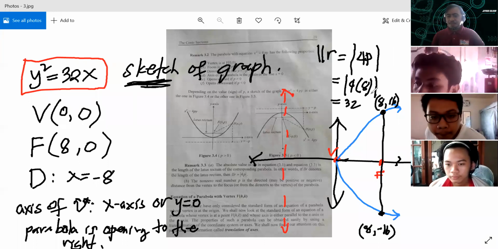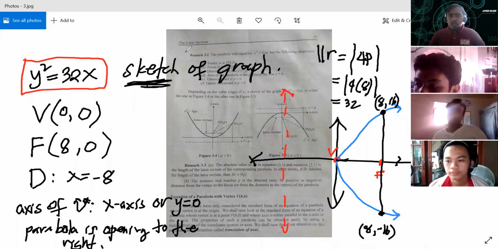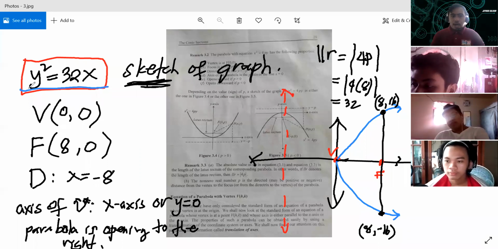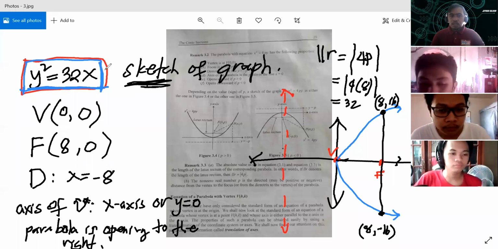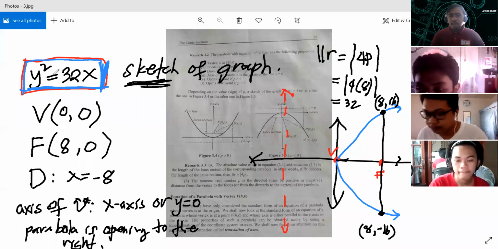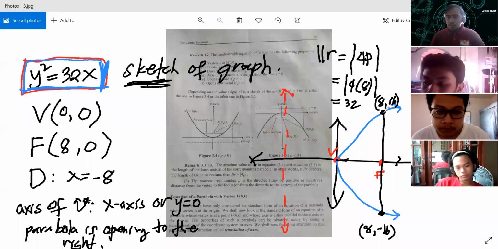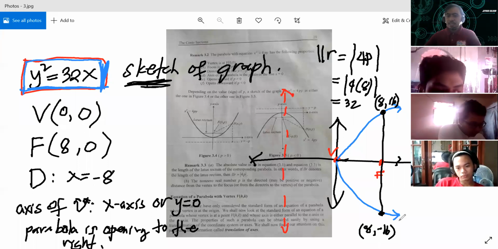Clear? Understood? And the equation in blue, the equation of that parabola, is y squared equal to 32x. All of the points here are the points of your parabola. Clear? Understood by everyone?